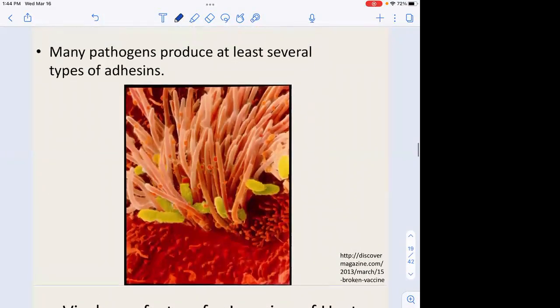Another example, the bacterium that causes whooping cough, Bordetella pertussis, produces, I think, 7 or 8 different protein adhesins when it infects the ciliated cells of our respiratory tract. Some of those are toxins that help it adhere.